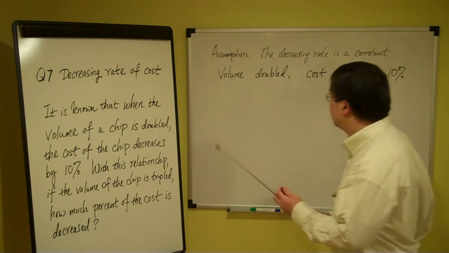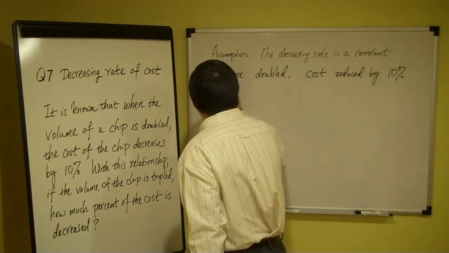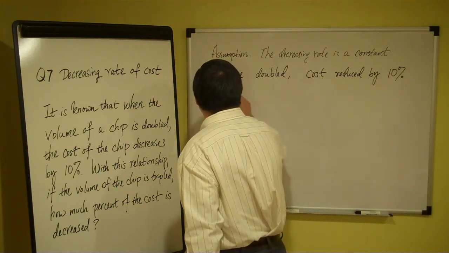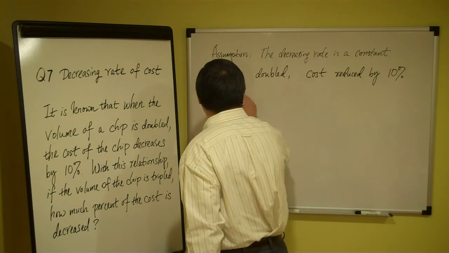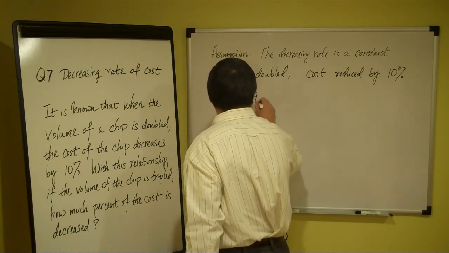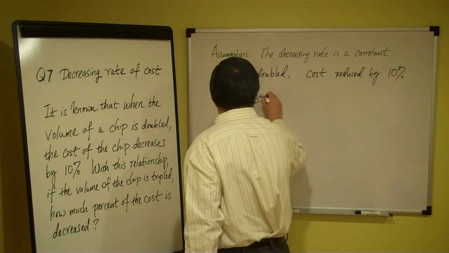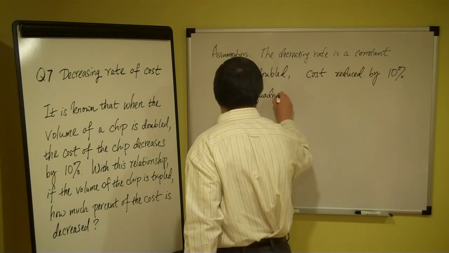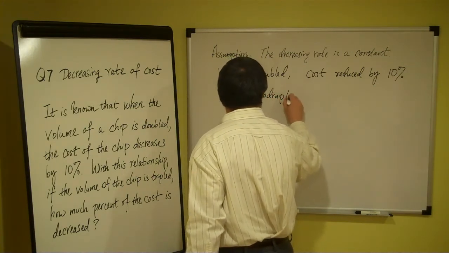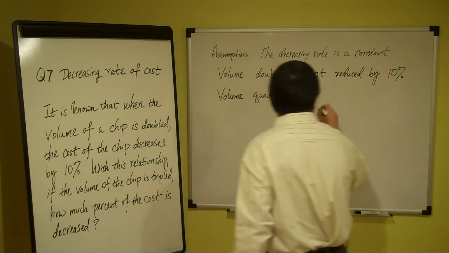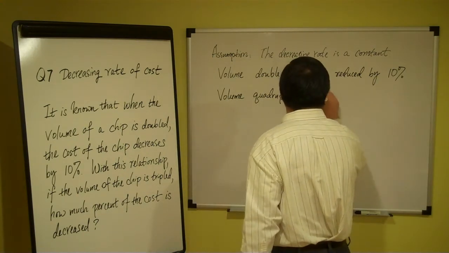Now, first, let's consider if the volume is quadrupled, how much cost is reduced?